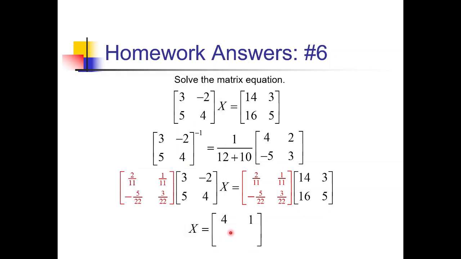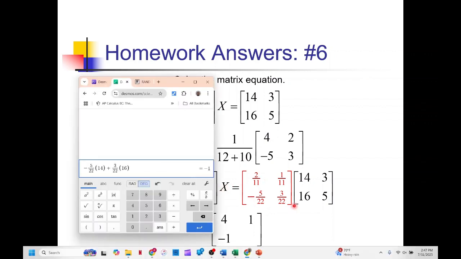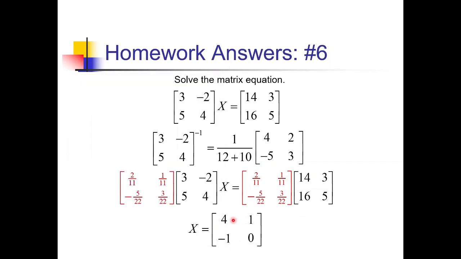It's amazing how these come out to such nice numbers, even though we're not starting with very nice numbers. And then finally, we'll multiply this row by the 3 and the 5. So let's just go back and change that to 3 and 5. And that comes out to exactly 0, which I guess kind of makes sense. You have negative 15 over 22 and positive 15 over 22. So 0. So this is our answer matrix.